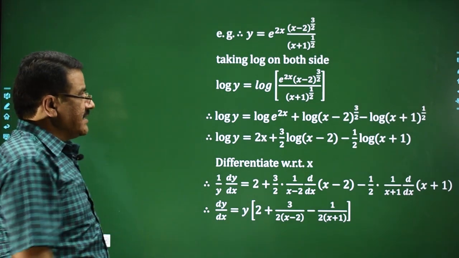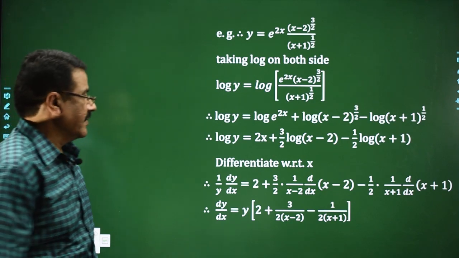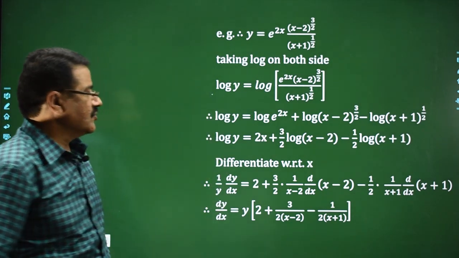So, here we can see that y is equal to e raised to 2x, x minus 2 bracket to the power 3 by 2 upon x plus 1 bracket raised to half. Observe that here in the numerator there is a product of two functions, and as well as in the denominator there is 1. So, only one way of solving such an example, and that is logarithmic differentiation, taking log on both sides.